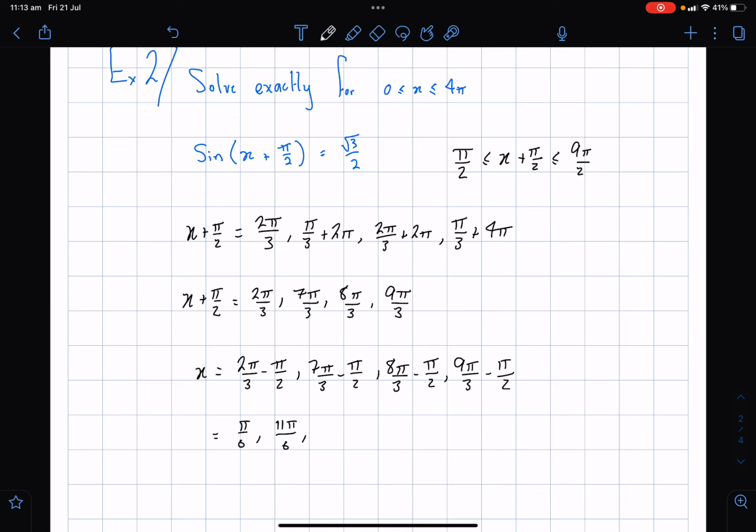Change the 7 to an 8, we get 13 pi on 6, and then finally we've got 9 pi on 3 take pi on 2, which is 5 pi on 2. And they are my x values. So you can see they are a little bit trickier, but the same strategy applies.